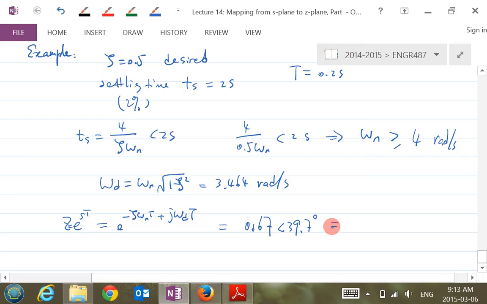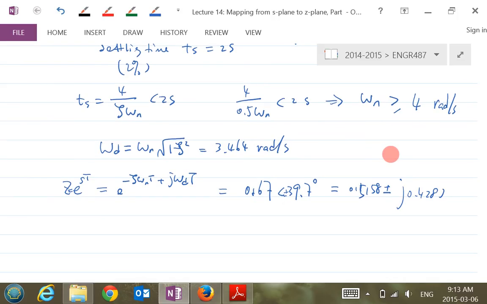That's the pole after mapping, plus minus, since it's always a conjugate, right? So that's the location of the mapped pole.